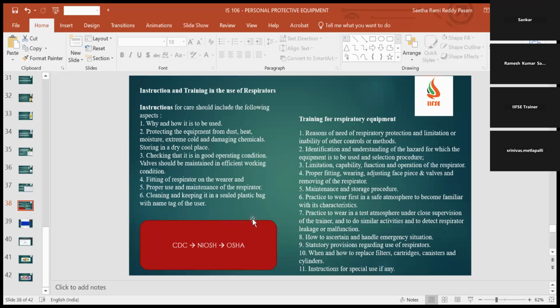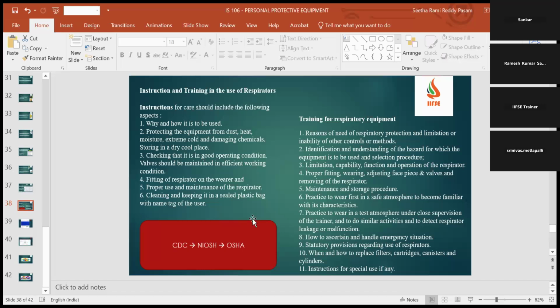You should give practical training, as we do for safety belts. Same way, for all these full face masks, be it a filter mask, a dust mask, or other kinds of respirators. This filter mask or cartridge mask definitely needs training with a practical demonstration, so that they get good knowledge while using such respirators.